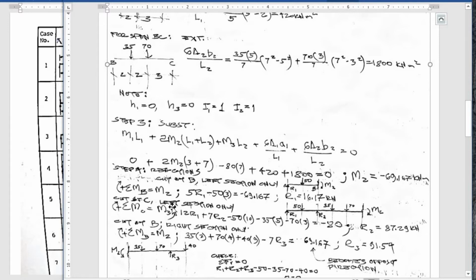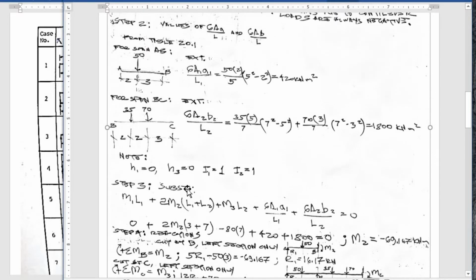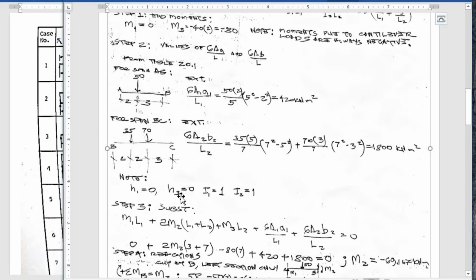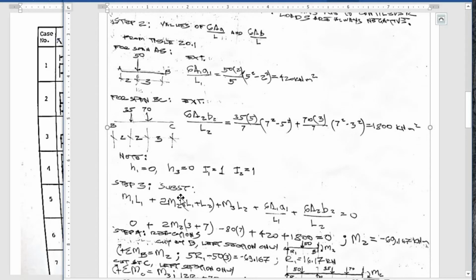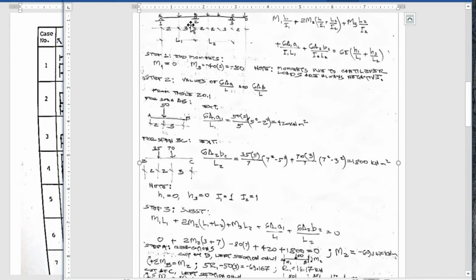Okay, dito tayo ngayon sa cut at point B. Okay, so cut section at point B. Ito siya, no? Cut section at point B, and then consider the left section only.